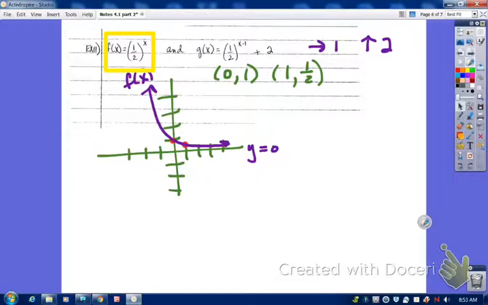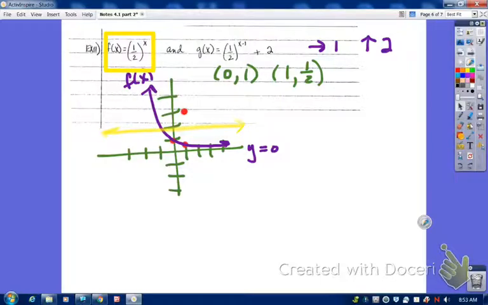So we're just going to take our 1/2 to the x graph, and we're going to move it to the right 1 and up 2. That is going to change our horizontal asymptote, so I'm going to go ahead and sketch it in, up 2. And then we're going to take each point, and we're going to move to the right 1 and up 2. So 0, 1 to the right 1 and up 2 puts me there.